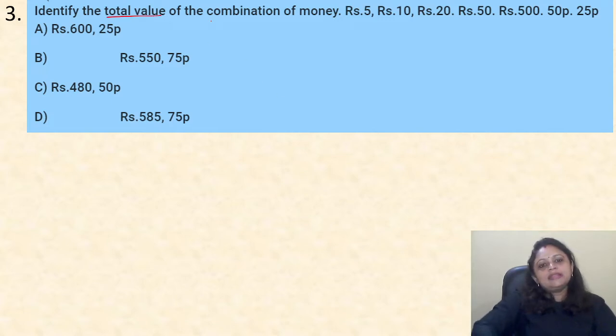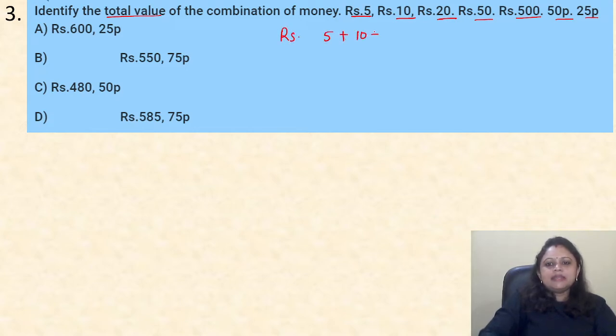So we have to find the total value of the rupees 5, 10, 20, 50, 500, 50 paisa and 25 paisa. Right? So if we consider the rupees, that will be 5 plus 10 plus 20 plus 50 plus 500. So here the total will be 585 rupees, and also some paisa are there, right?